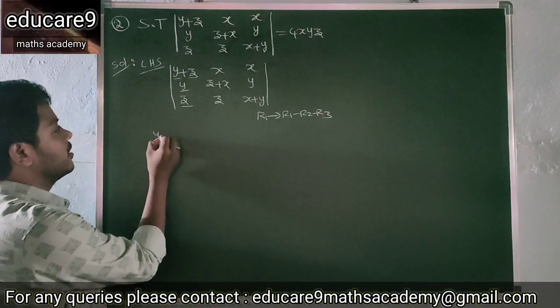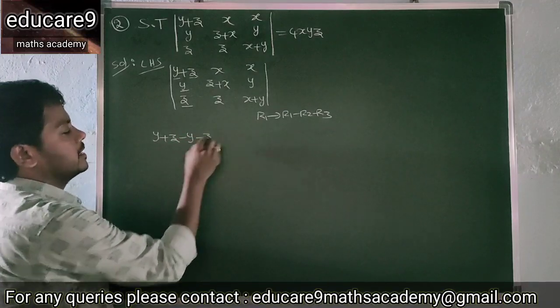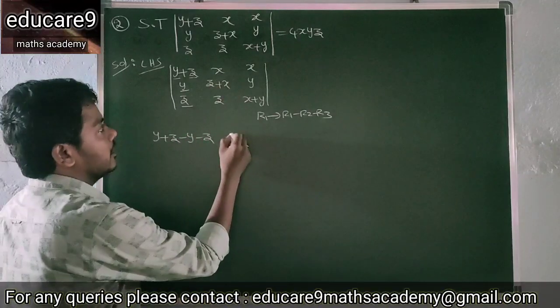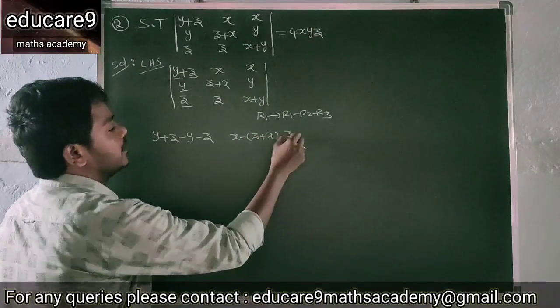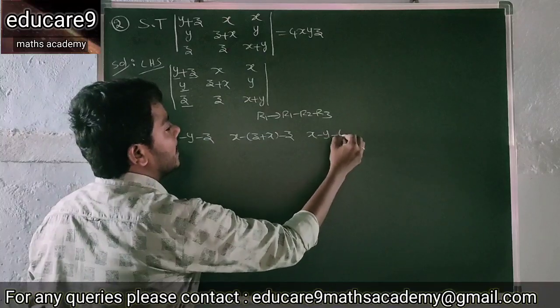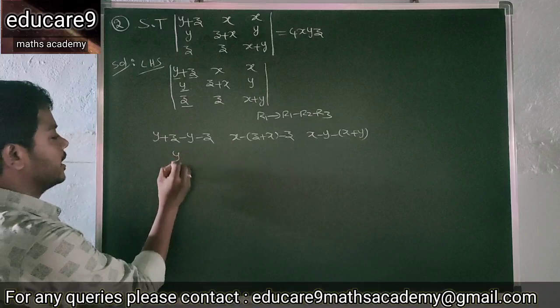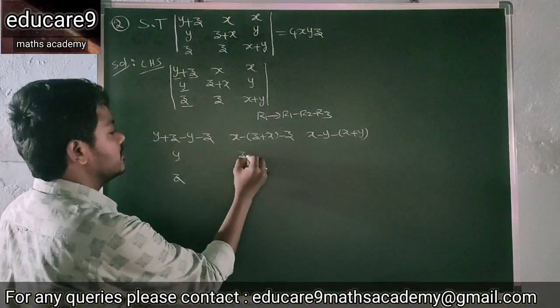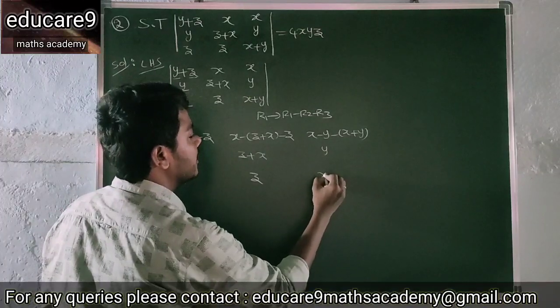So what you will get? y plus z minus y minus z, and here x minus z plus x minus z. Next here x minus y minus of x plus y.